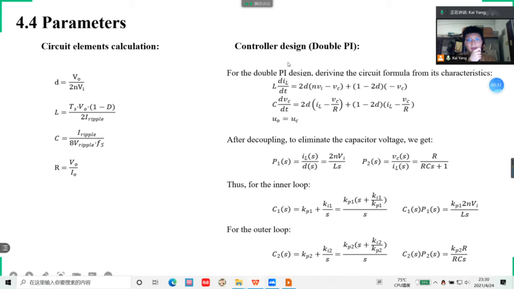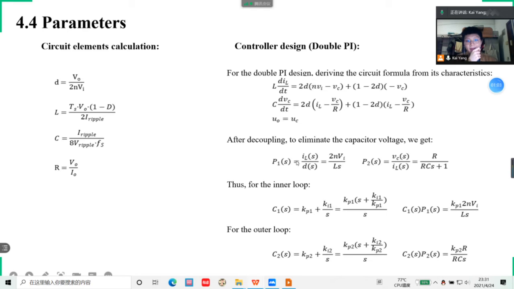The right part is the controller design. Here we use the double PI controller. First, for the double PI design, we derive the circuit formulas from its characteristics, for these three formulas. And then after decoupling, we eliminate the capacitance voltage.